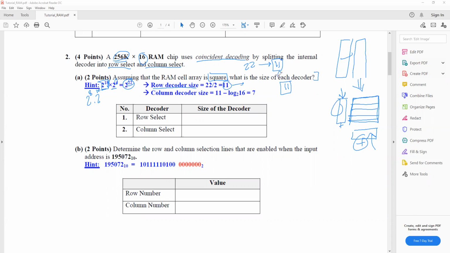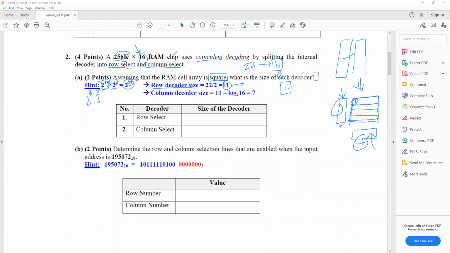But if you split it this way, if your column decoder is 11 bits, that means you can address each bit individually in your memory. But this memory has 16 bits per word.